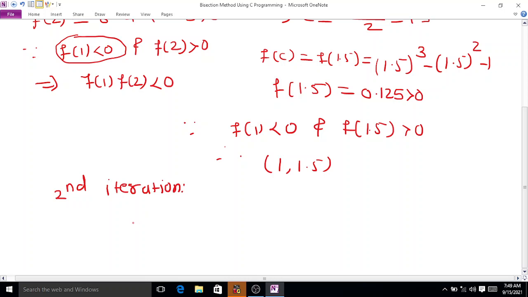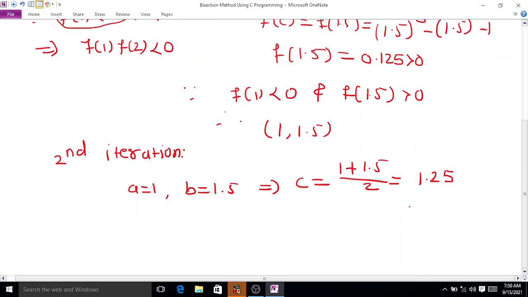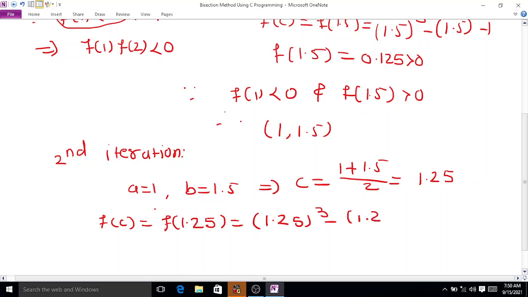For the next interval, second iteration: consider a = 1, b = 1.5, then c = (1 + 1.5)/2 = 1.25. Next, we want to determine the sign of f(c), so f(c) = f(1.25) = 1.25³ − 1.25² − 1.